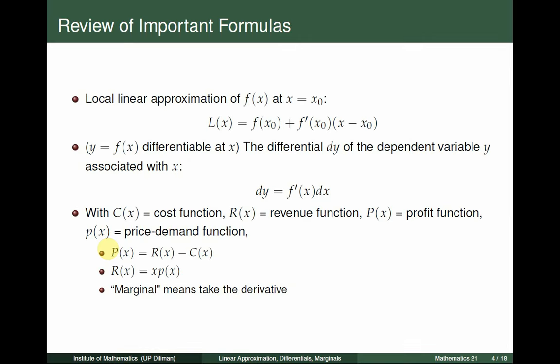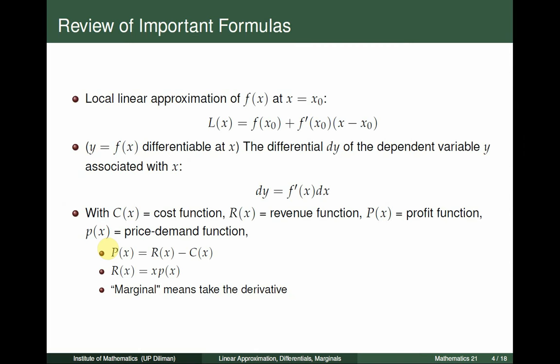And finally, for marginals, we have named the functions c of x to be the cost function, r of x the revenue function, p of x the profit function, and small p of x to be the price demand function. Then we have the following formulas. The profit function, p of x, is the revenue function, r of x, minus c of x.